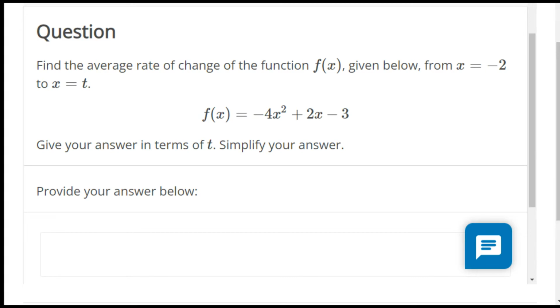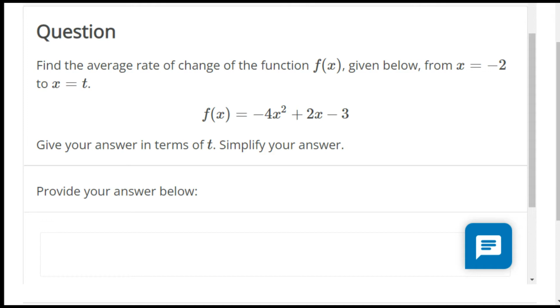Back at one of these guys. You know, the point of a question like this is to show you that you can create this other function such that when you choose a value of t, it will tell you what the slope of the secant line is.